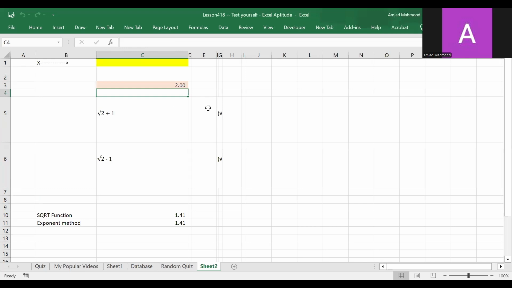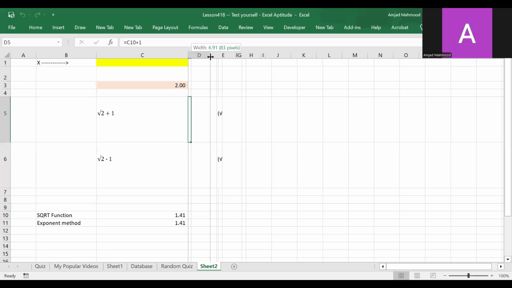So what we are supposed to do is calculate it. This is plus 1. Let's open this.